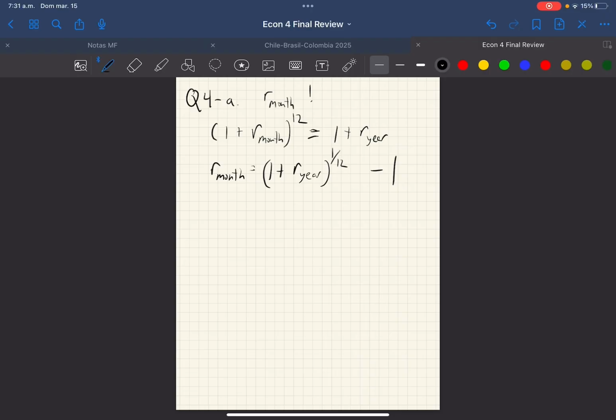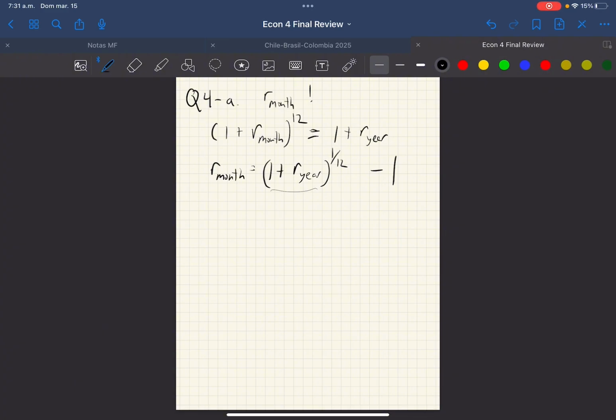So all I did here is I took the 12th root of the left and the right side of this equation, and so that would get rid of the 12 here, but put the 1 over 12 here, and then I moved the 1 to the right-hand side.